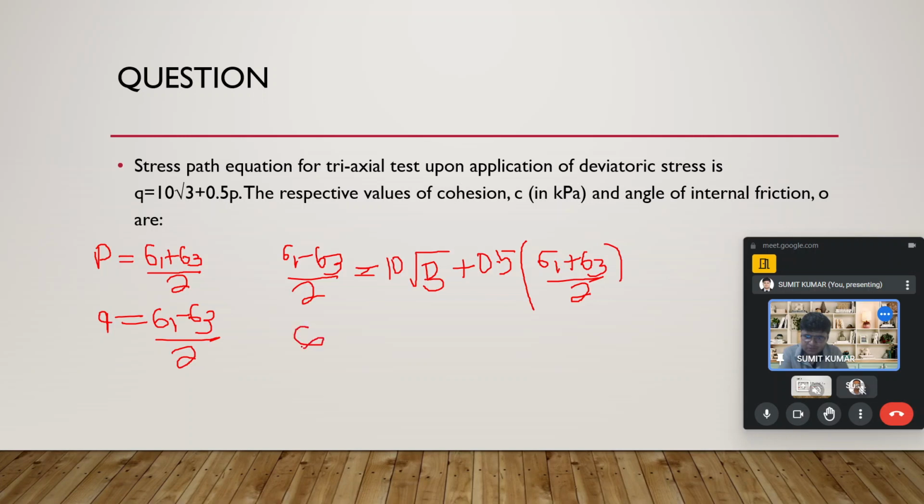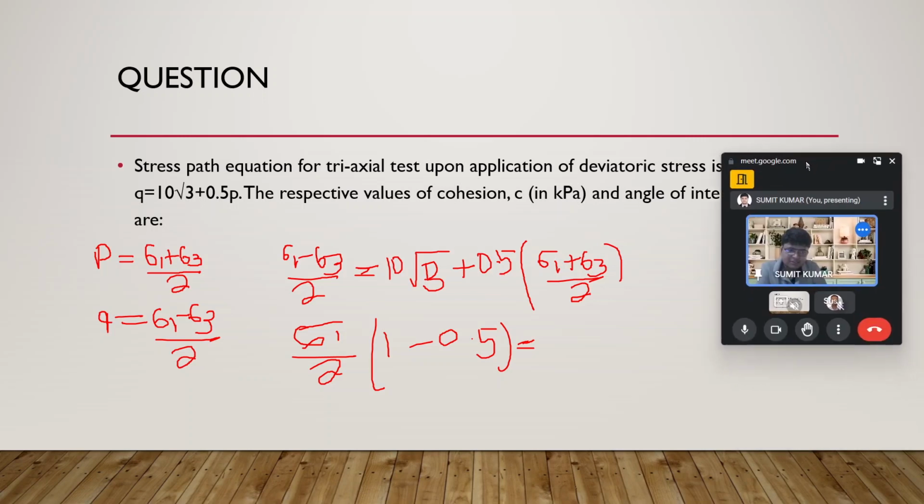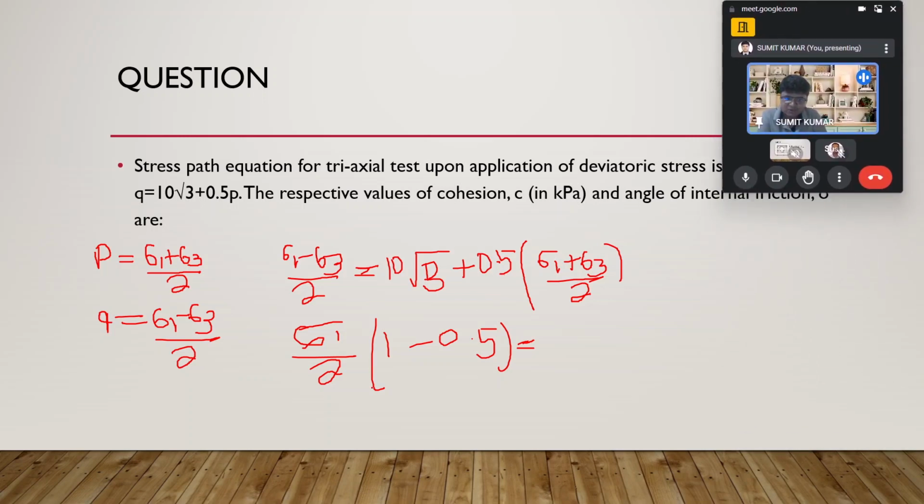When we take sigma 1 by 2 common, 1 minus 0.5 equal to... we have taken the value of sigma 1 as common, so 1 minus 0.5. And we must be aware that sigma 1 equals sigma 3 times tan square (45 plus phi by 2) plus 2c tan (45 plus phi by 2).